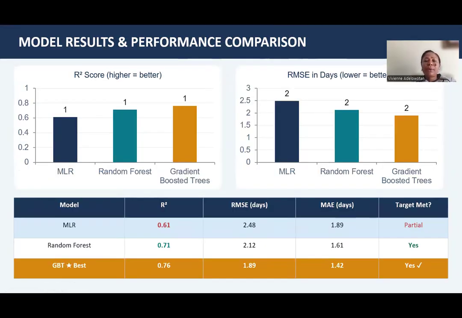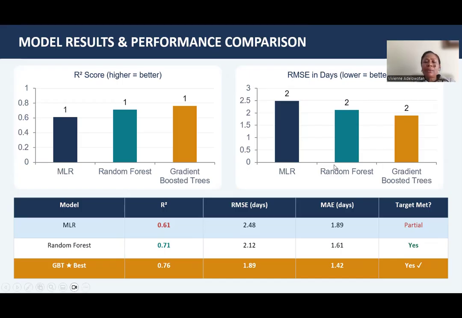Model results and performance comparison. Multiple linear regression failed to meet the threshold of 0.265, as can be seen here, which confirms that the length of stay predictor relationships are not fully linear. So the random forest and gradient boosted trees both met all targets.